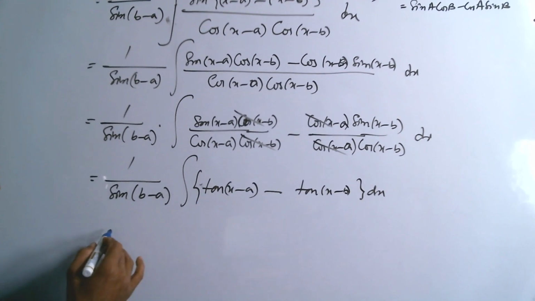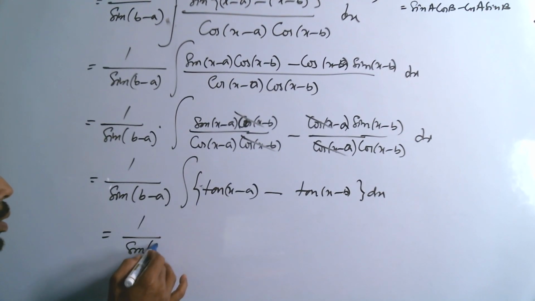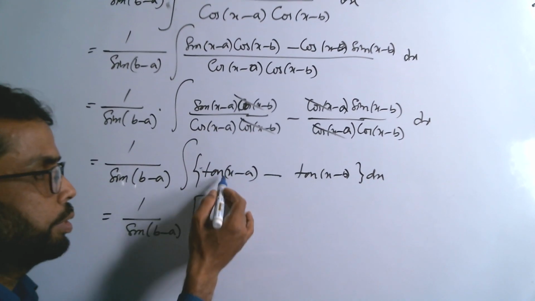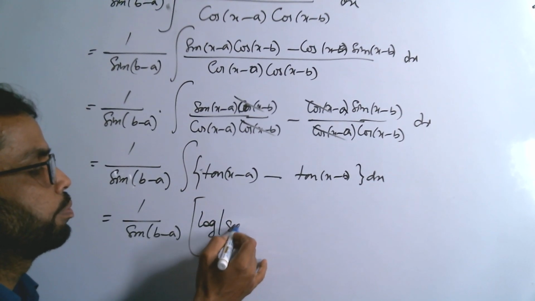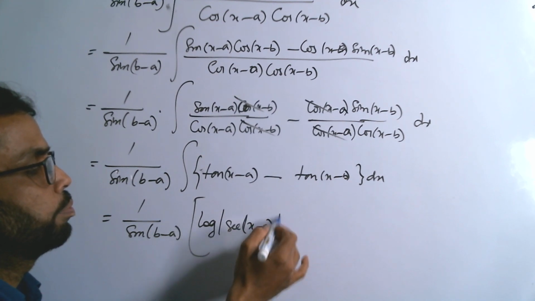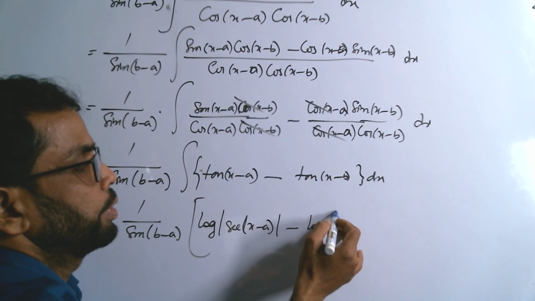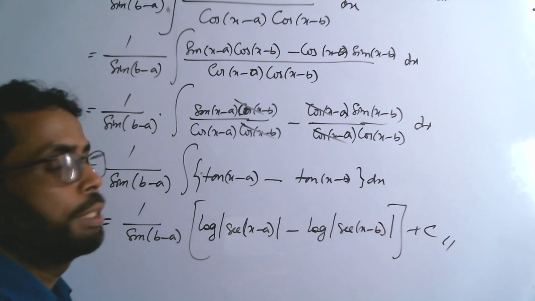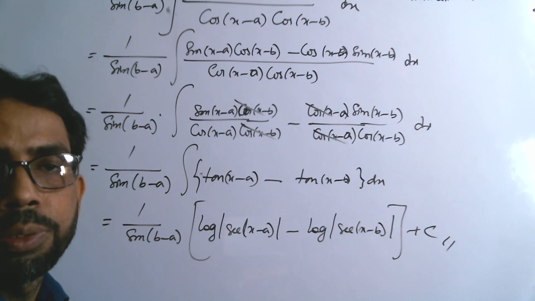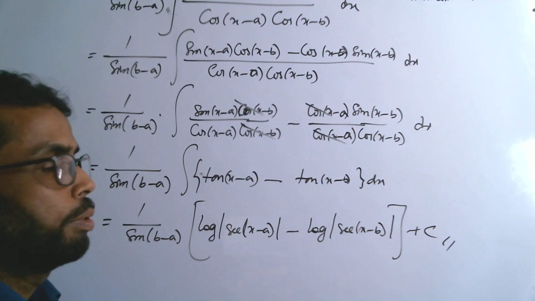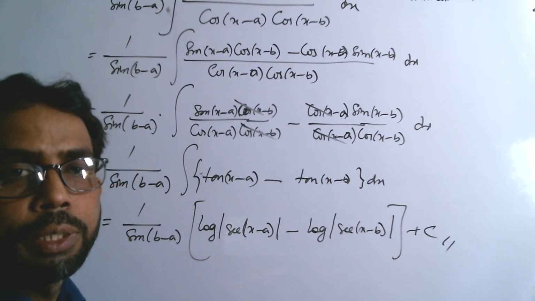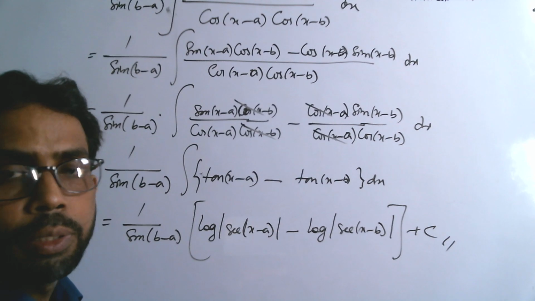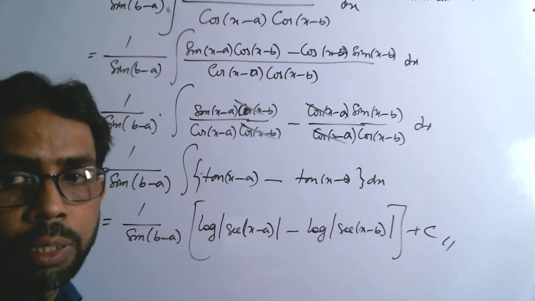Now we will split the integration of tan, we can directly do also. Integration of tan is log of sec, so the integration is complete plus constant c. So this is the complete solution of trigonometric integrations by trigonometric substitution and trigonometric identities. There are certain questions, if you practice, if you learn, then only you will understand.